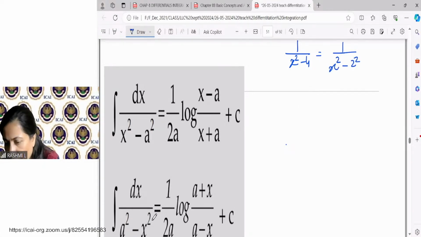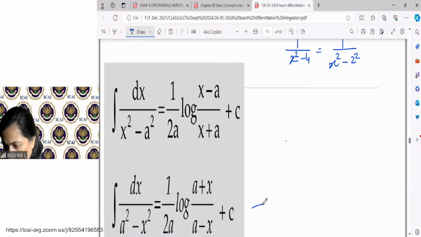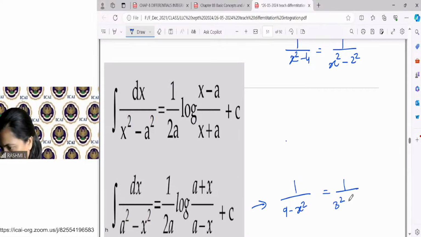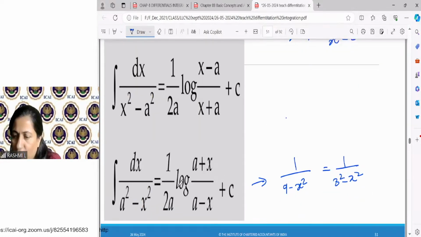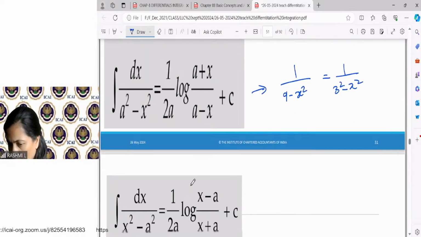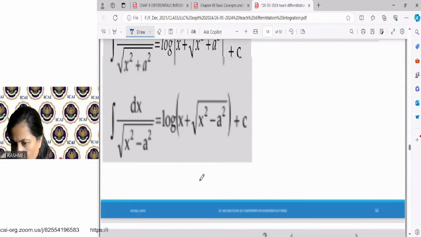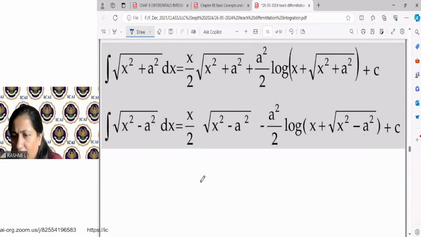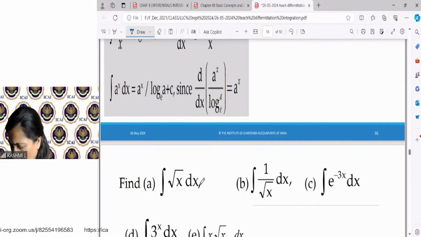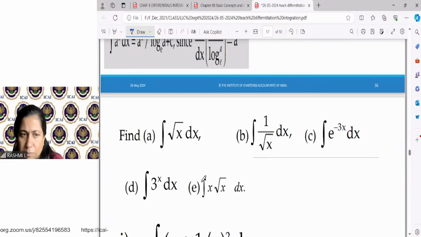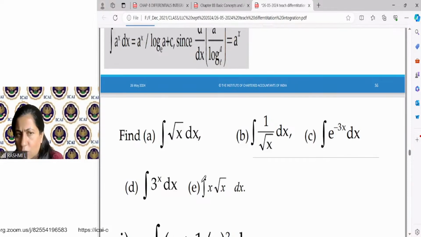The same thing applies here: suppose I have 1 upon 9 minus x square, this is equal to 1 upon 3 square minus x square. These are the formulas you can get for theory also. All these formulas are there in the textbook. We will usually use the normal ones where you will simply apply a formula and get the answer.